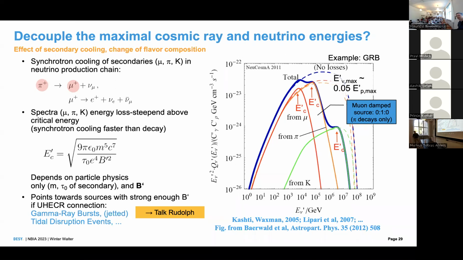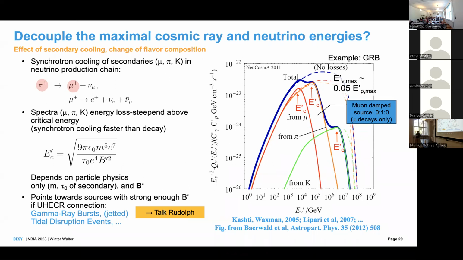So this kind of effect is the main effect which typically changes flavor composition, apart from other effects, like for instance, neutrinos produced from neutron decays, which would only produce electron flavor, of course. And the typical situation where you find that is sources with strong magnetic fields, for instance, gamma ray bursts, or jetted tidal disruption events, where these effects would also be important.